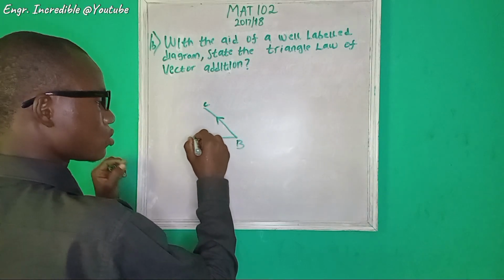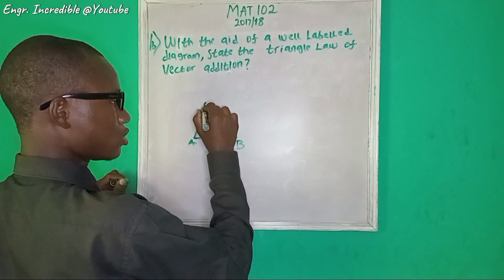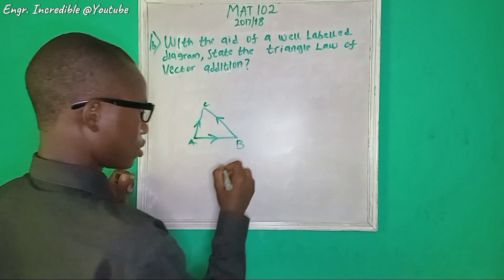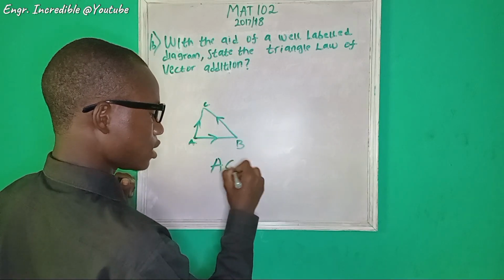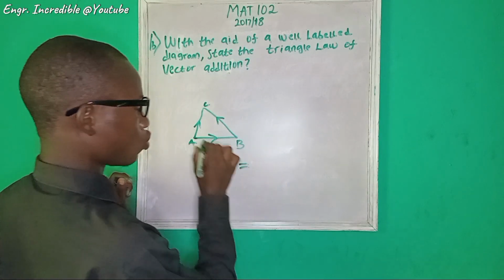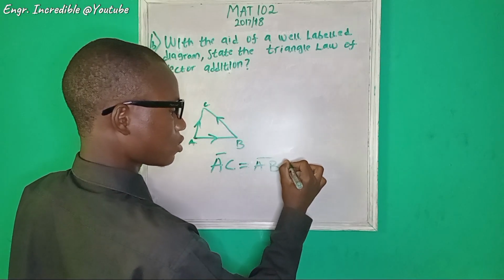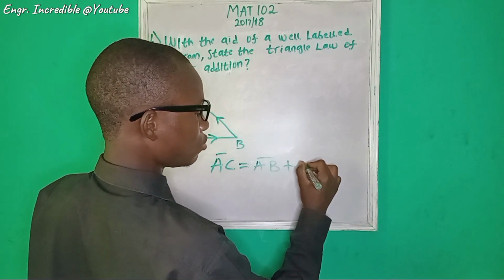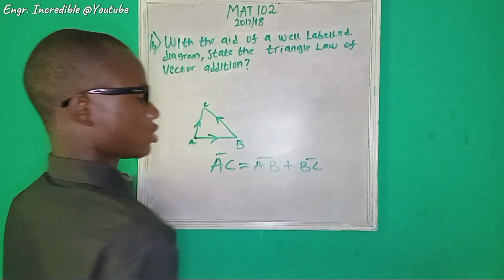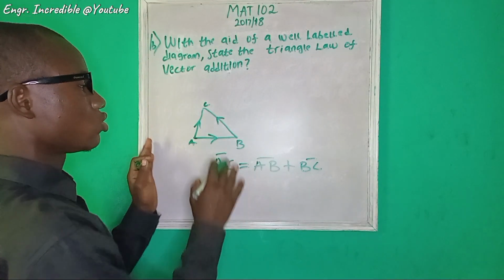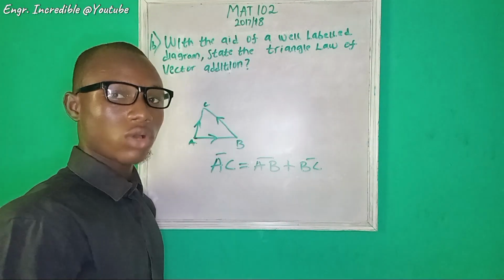Now A to C, that is line AC, is equal to line AB plus line BC. This is the triangle law of vector addition.